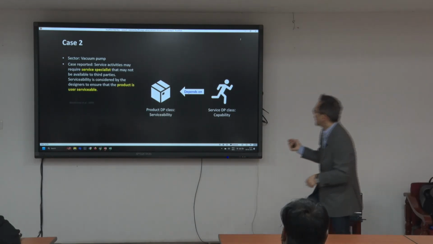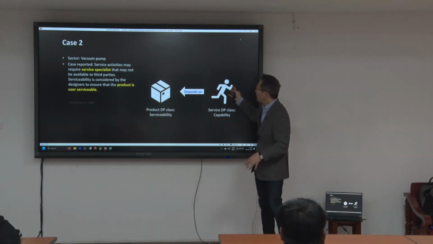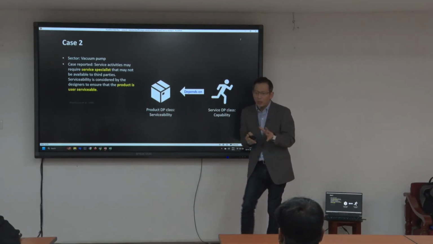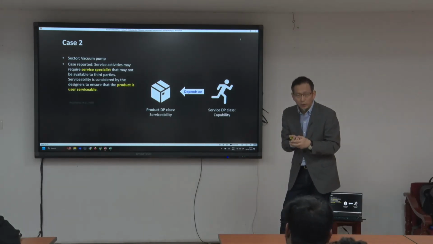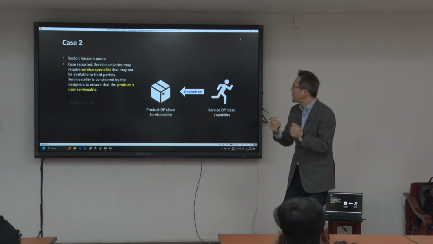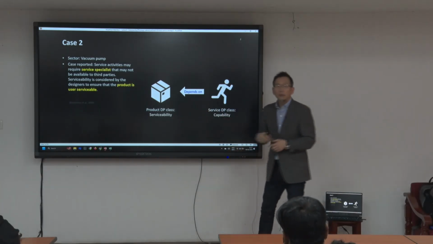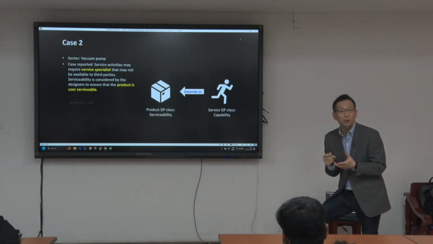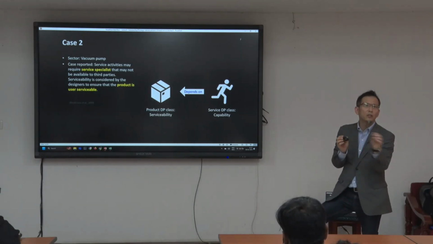For example, if a product is designed in such a way that every user can inspect and repair and so on, then the capability required for the services is low. One example is exchanging batteries.